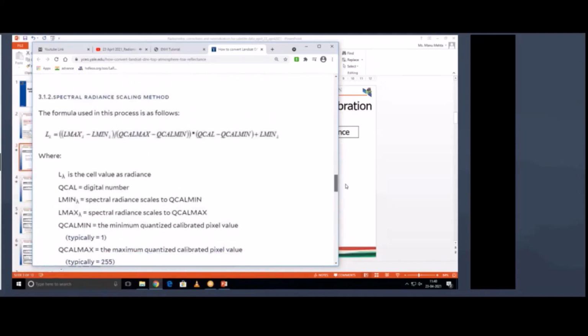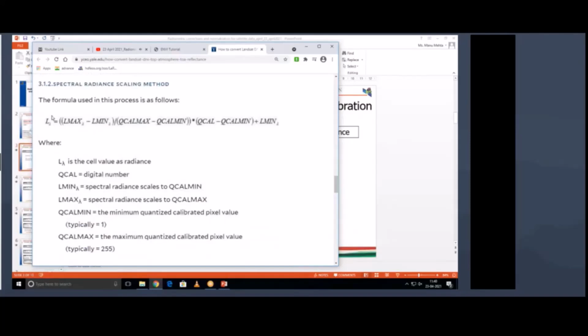Here, L lambda is the spectral radiance, and Q cal is the digital number, and L min lambda is the offset or the intercept. The rest of the quantity, L max minus L min divided by Q cal max minus Q cal min, these quantities can be taken from the metadata of the file.